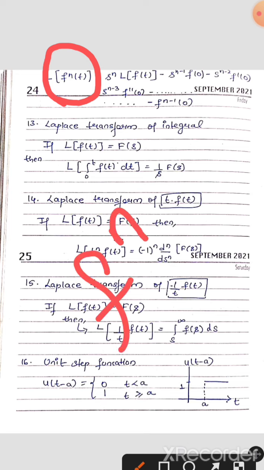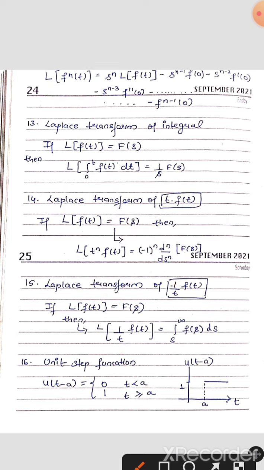For the nth derivative, it is s to the power of n times the Laplace transformation of f of t minus s to the power of n minus 1 f of 0 minus s to the power of n minus 2 f dash of 0, and so on, up to minus f to the power of n minus 1 of 0. This is the generalized equation.